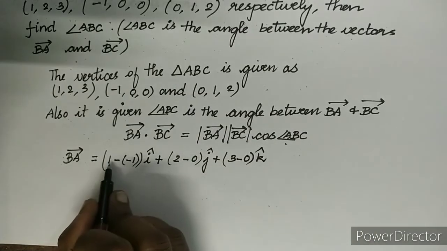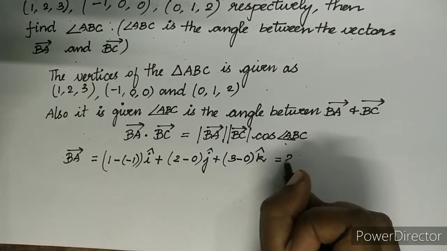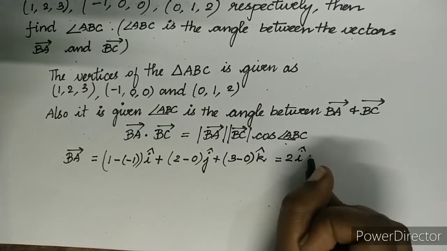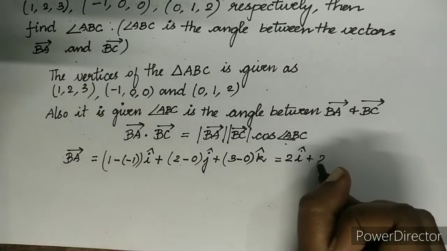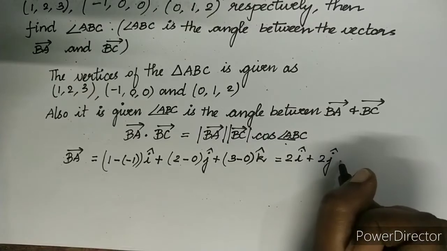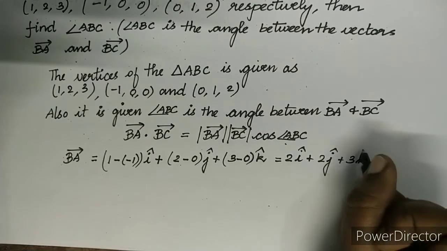If you simplify this one, minus into minus plus, so 1 plus 1 is 2 i cap plus 2 minus 0 is 2, so 2 j cap, and 3 minus 0 is 3 k cap.